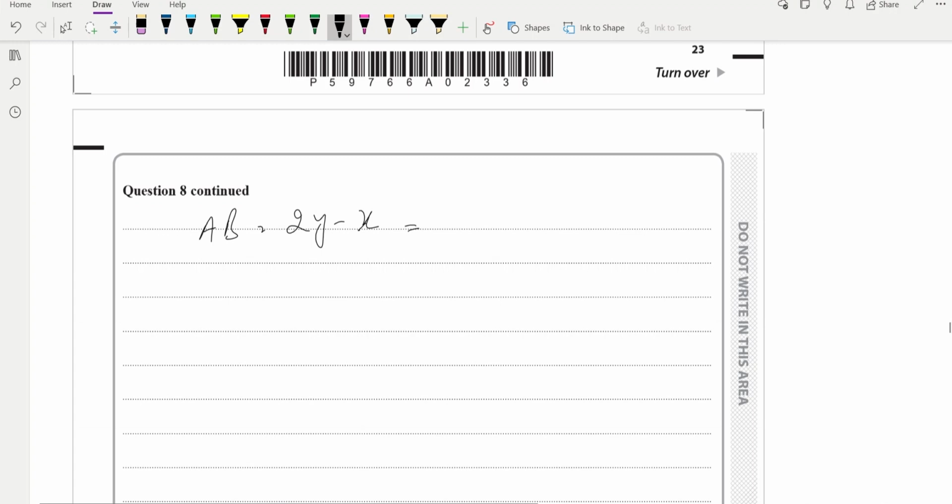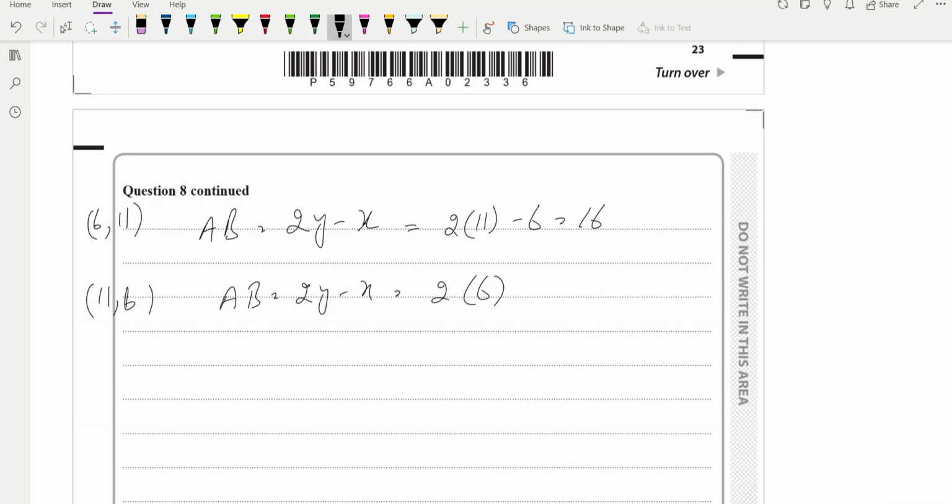If we use x as 6 and y as 11, this will be 2 into 11 minus 6, which is equal to 16. And for this one we have used the point 6 and 11, and if we use 11 and 6, we will get AB is equal to 2y minus x, which is equal to 2 into 6 minus 11, which is equal to 12 minus 11, this will be 1.